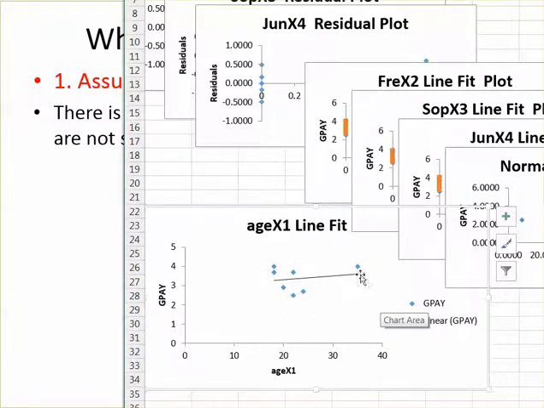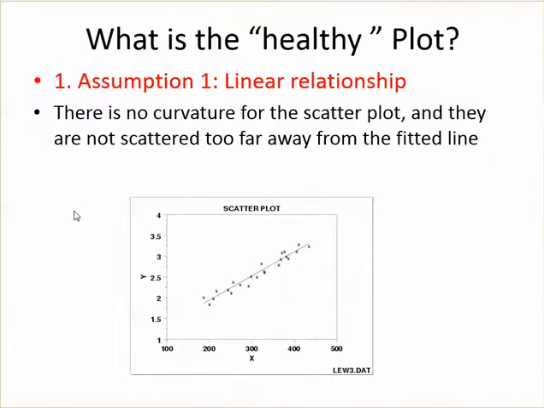So the linear line is not a good relationship to relate x1 with our y variable. Then you can go back to look at our slides. Although we didn't see the curvature, we found some scatter points too far away from our trend line. So assumption 1 is violated.